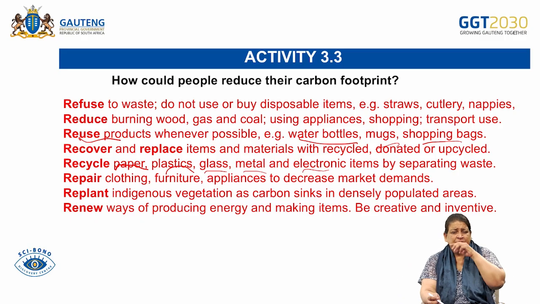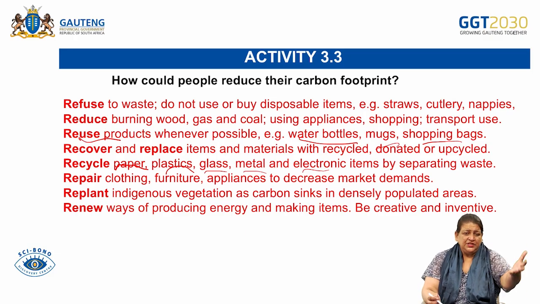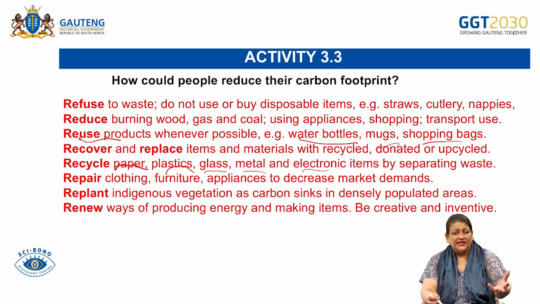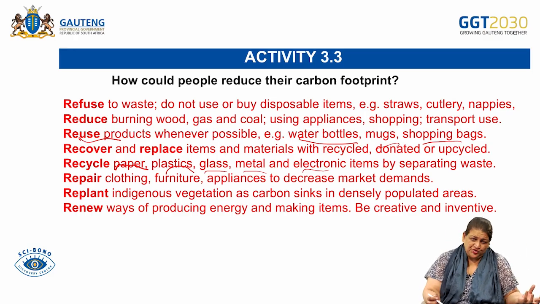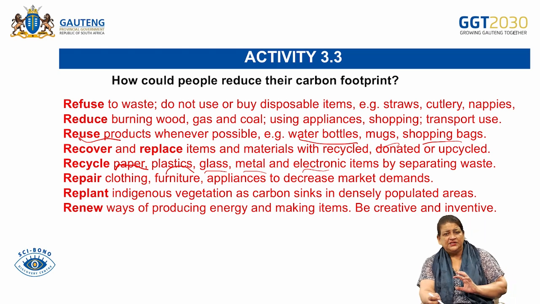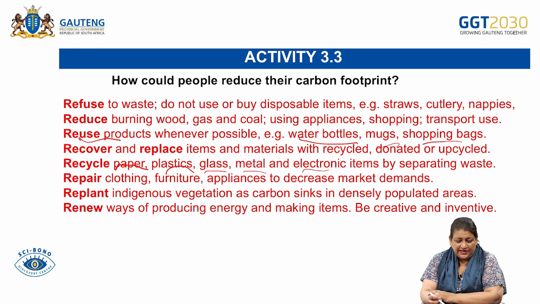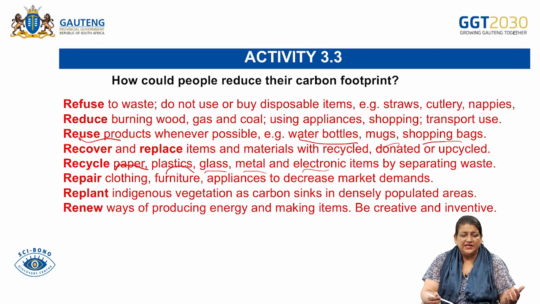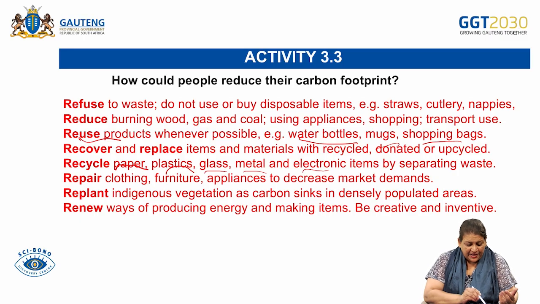Take your cardboard and papers and put them into the green bin so that we don't have to cut down more trees. Take your plastic bottles and put them into probably a purple bin so that they can recycle the plastic to make other kinds of containers. So we're polluting less, so that less plastic is on the earth and more can be used again.